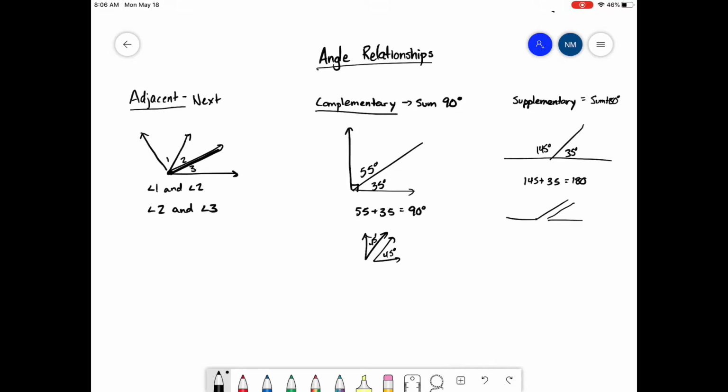And then lastly, we have our vertical angles. Vertical angles are created by intersecting lines, and they are the angles across from each other. So these 2 angles, we'll call them angles 1 and 4, as well as these 2 angles.